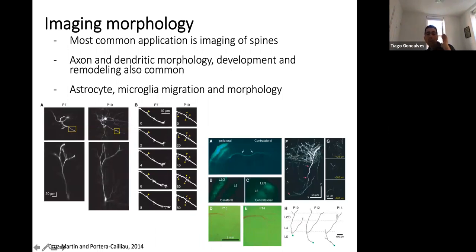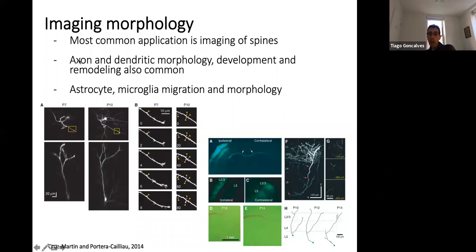So imaging morphology. A lot of applications in neuroscience are imaging spines, and you can image spines over many days, sometimes even over 3 months or more. It's a big thing in neuroscience because figuring out how much synaptic turnover there is is very important.